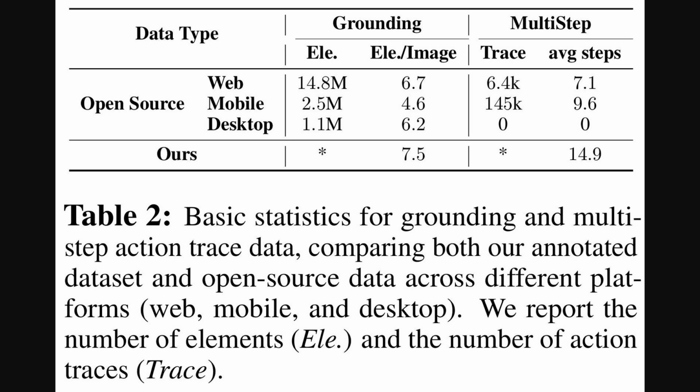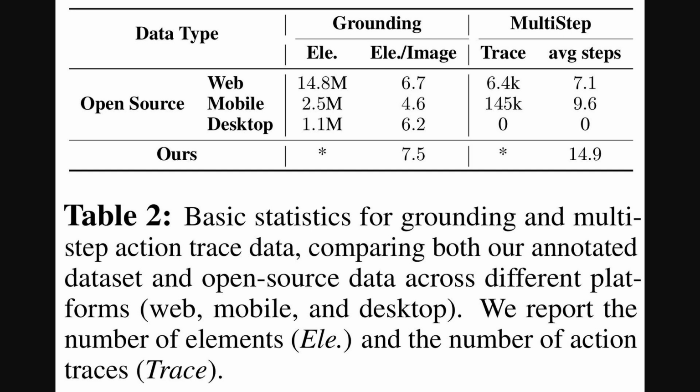Okay, so we just saw some examples of the perception and grounding data used to train UI-TARS. This next table, Table 2, actually gives us some statistics about that data, specifically comparing the dataset the researchers created, which they label ours, against existing open source data. It looks at data for grounding, locating elements, and for multi-step action traces.